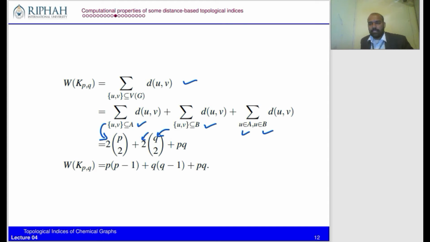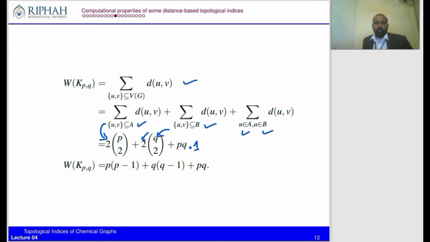When one vertex is in A and one in B, the distance is 1, so there are P into Q pairs at distance 1. After some simplification we get P into P minus 1 plus Q into Q minus 1 plus PQ. So this is the formula for the Wiener index of the complete bipartite graph.